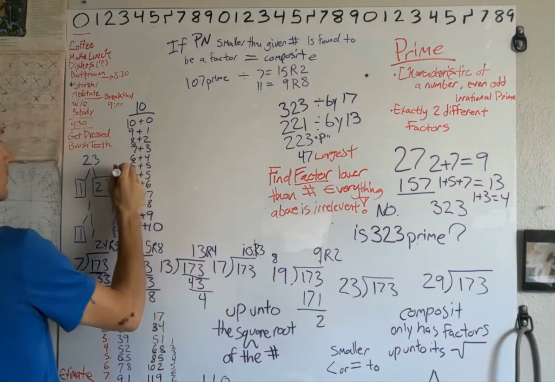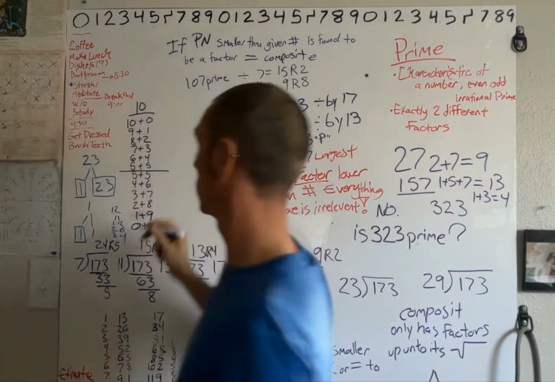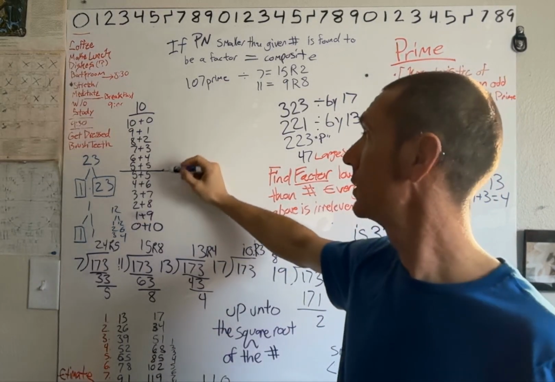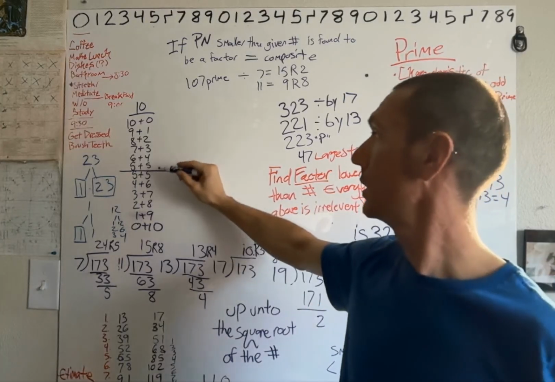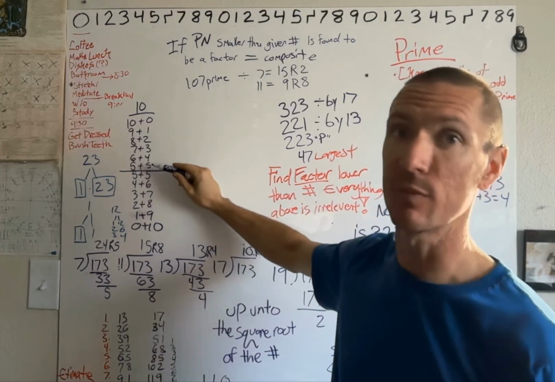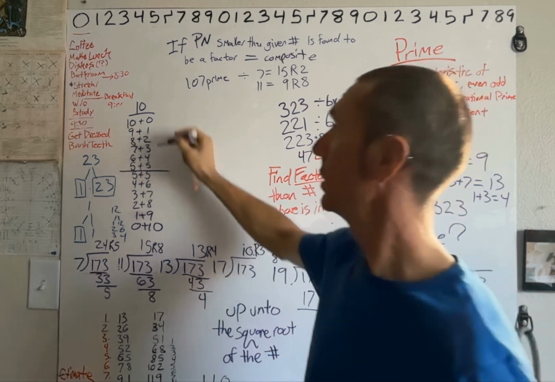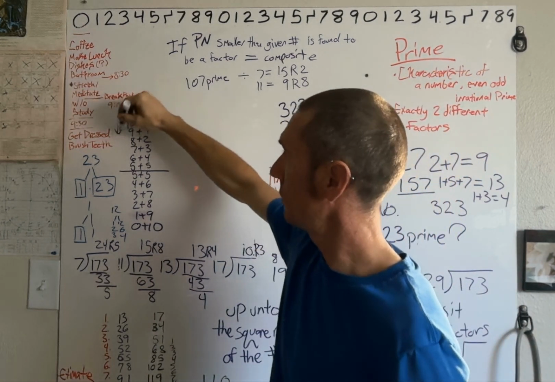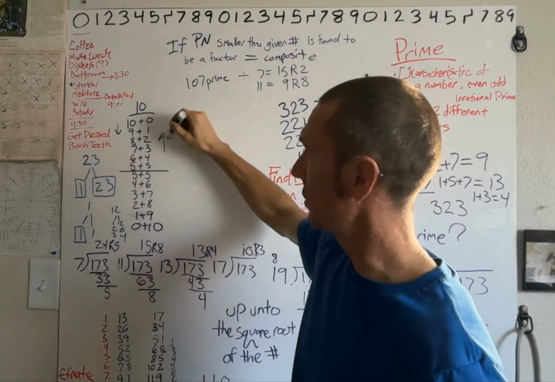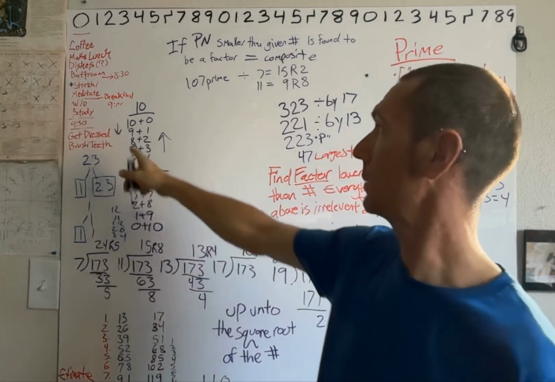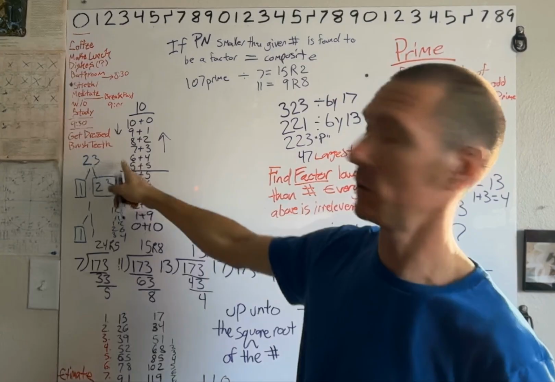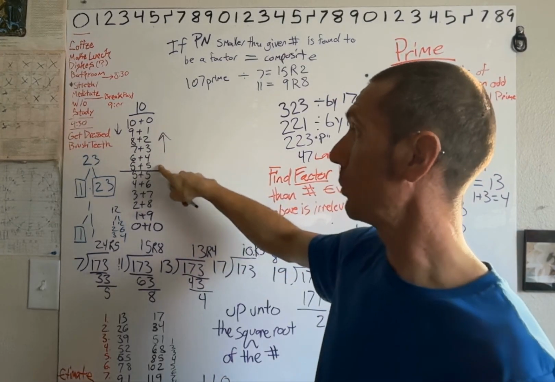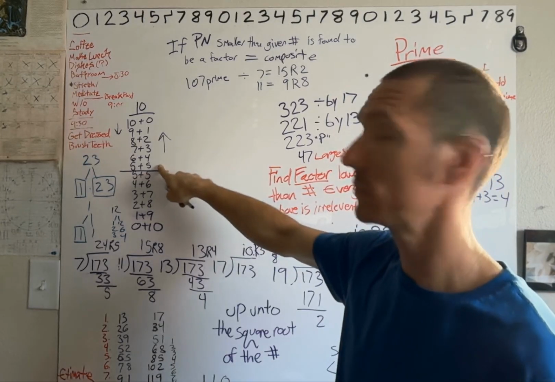Now, right here in the middle is a turning point. It's the halfway point. Because once you hit 5 plus 5 is equal to 10, you see how the number on the left is going down and the number on the right is going up, right? 10 goes down to 5, and 0 goes up to 5.